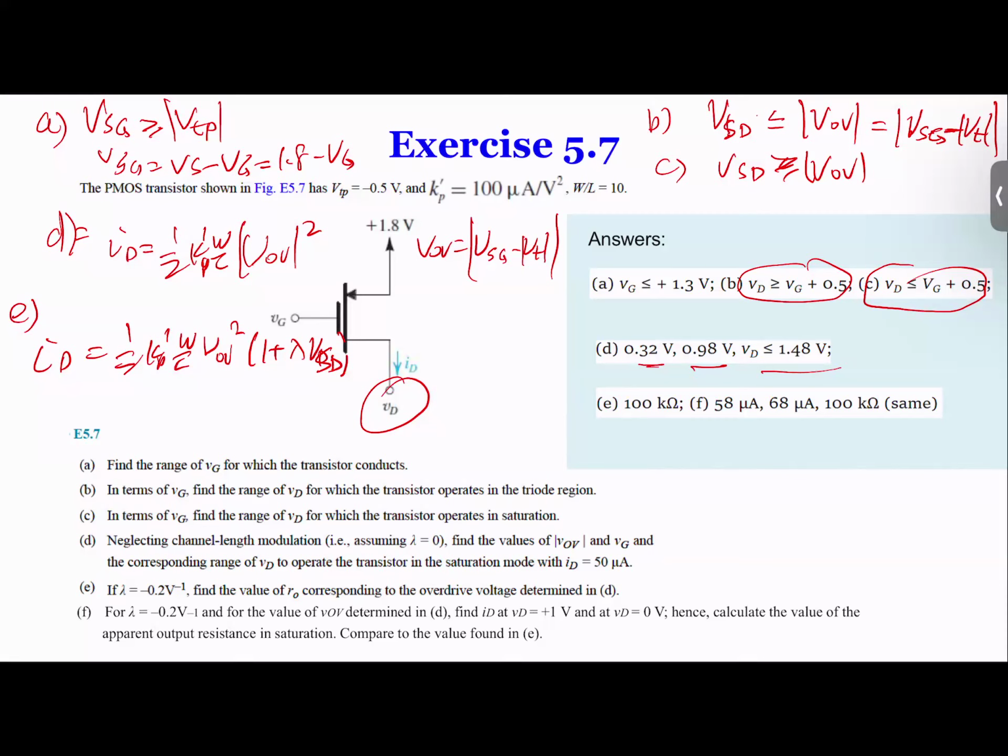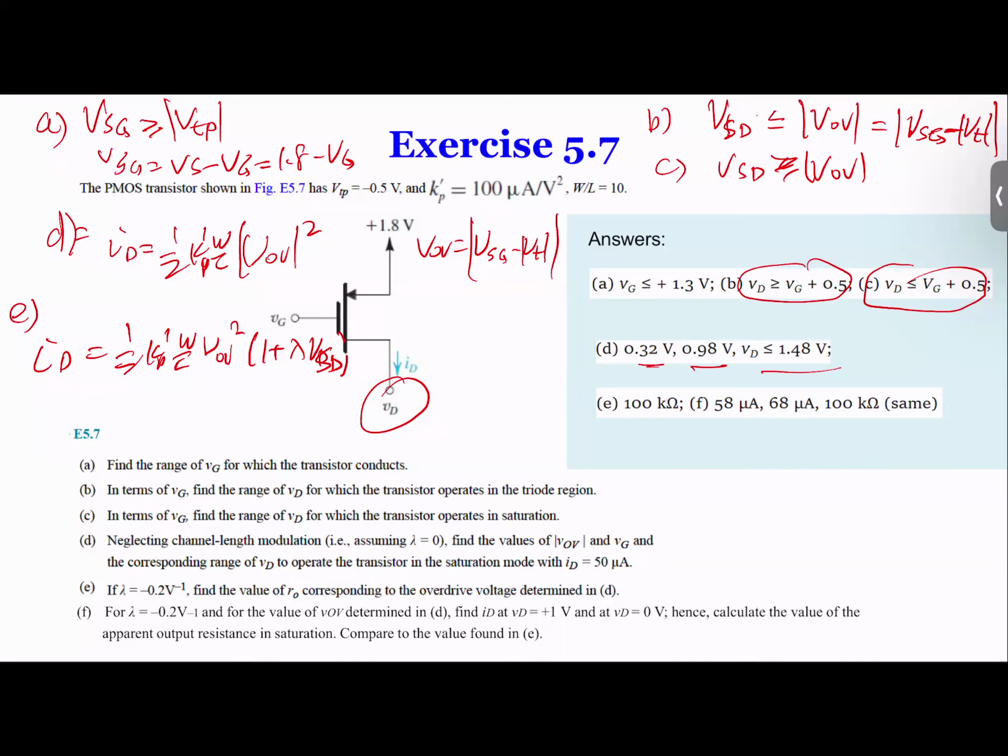What is the range of VG for which the transistor conducts? Because you've got a power supply at the top. So if VG is too high, and VGS is not enough, that would be different, right?